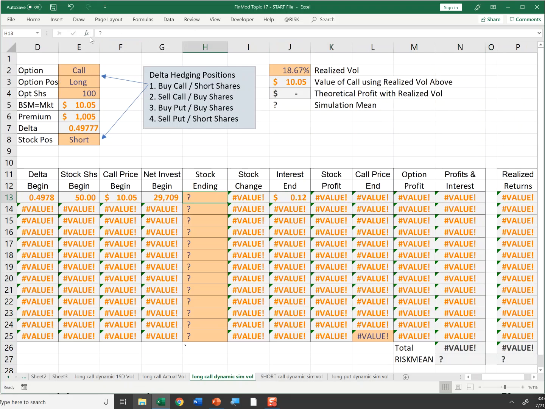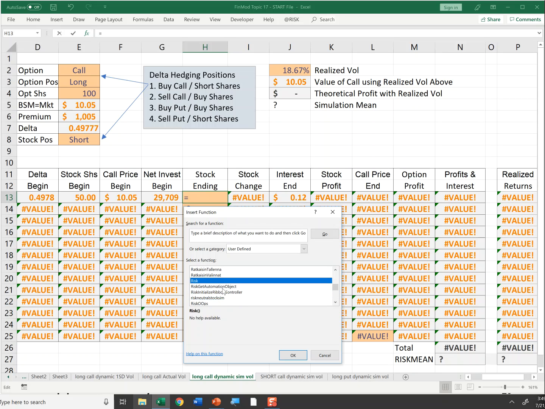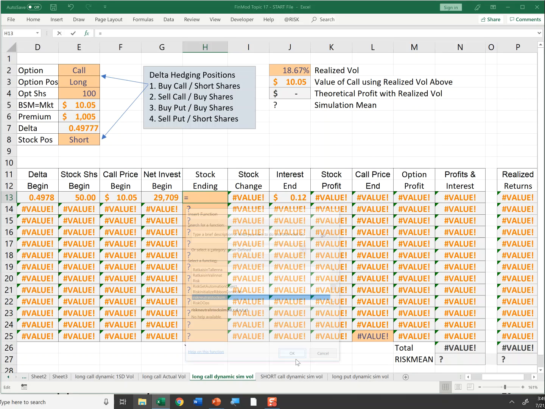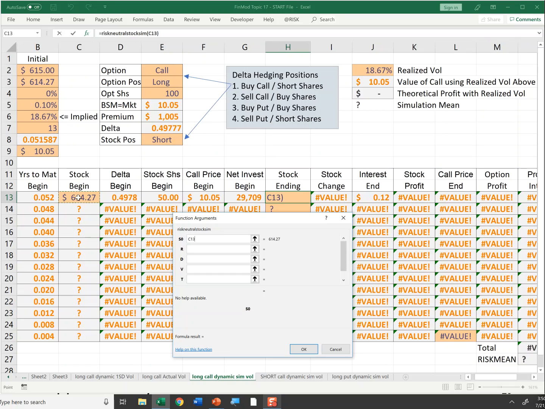I'm going to insert a function. I've already copied into my workbook one called risk neutral stock sim. I'm going to put in the initial stock price, and my initial stock price here is 614. I'm not going to anchor that.